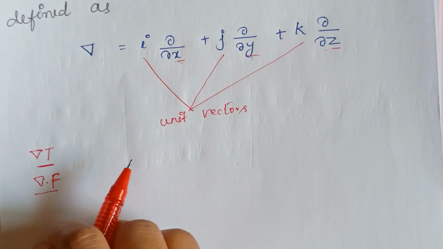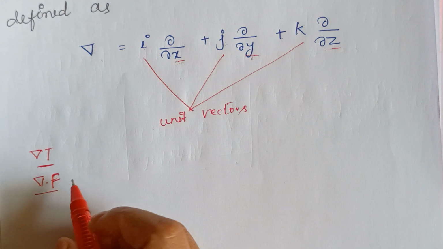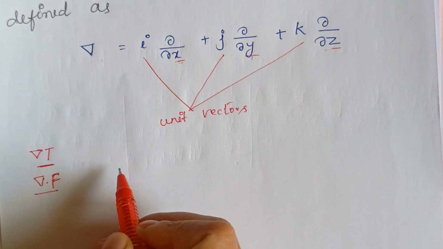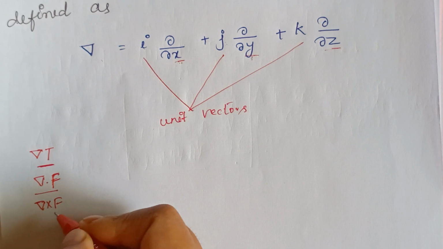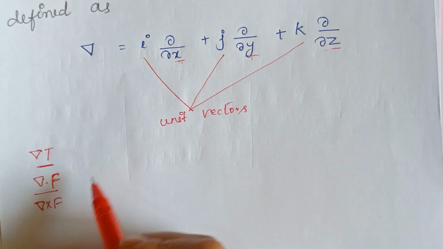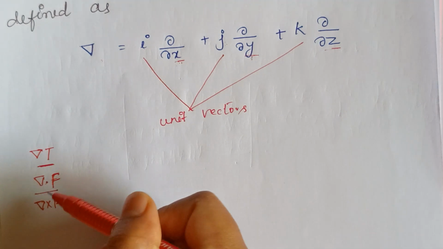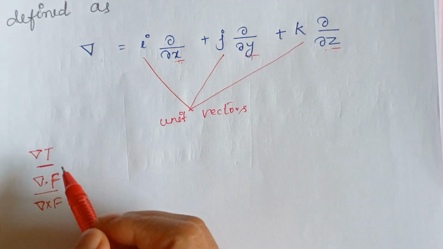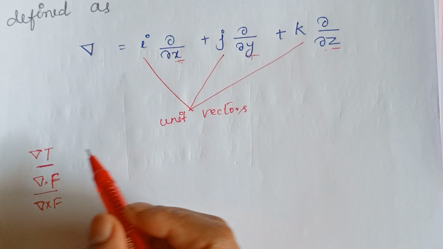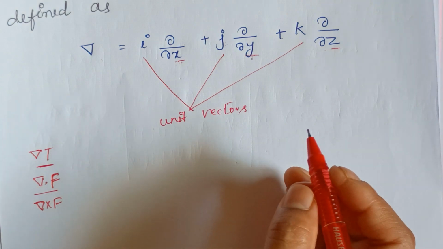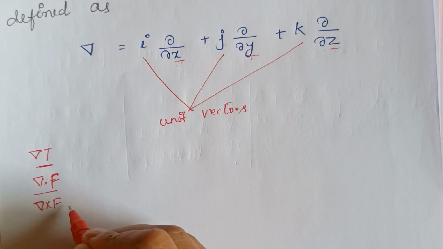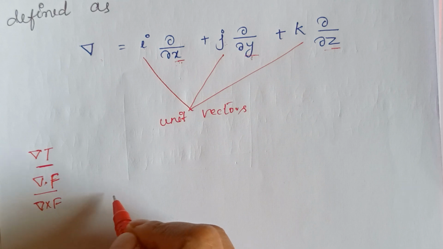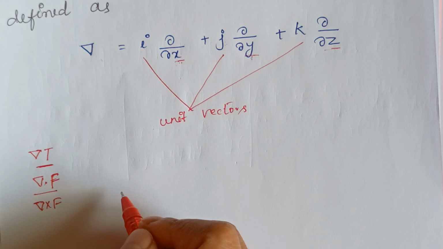When I speak about the curl of a vector field, it's nothing but the rotation of a fluid. That is del cross F. I basically want to tell you that it can be operated with dot, cross, anything, on a scalar or a vector. Del cross F is a measure of rotation or swirling of a field.